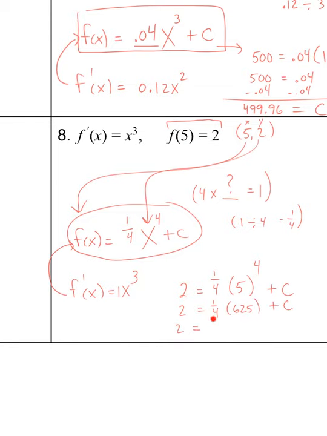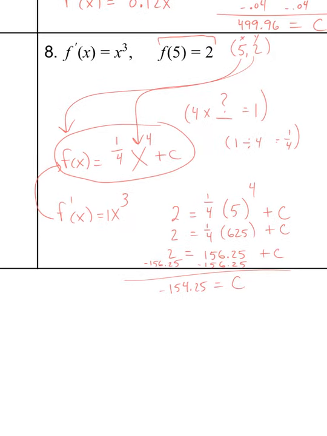When we take 1/4 times 625, we get a fun decimal, 156.25 plus c. Now we just subtract that from both sides to get c by itself. Minus 156.25, minus 156.25. All right, so c is all by itself over here, and my c value is negative 154.25.